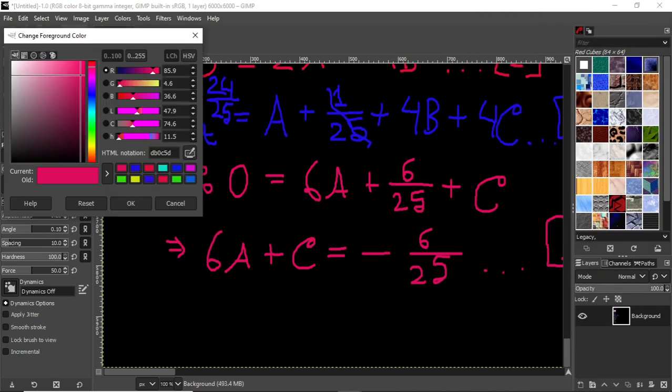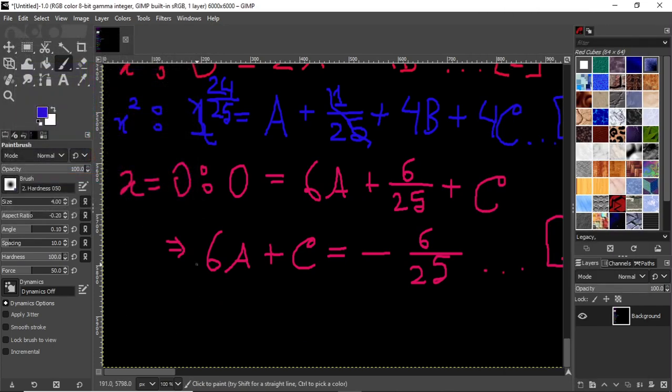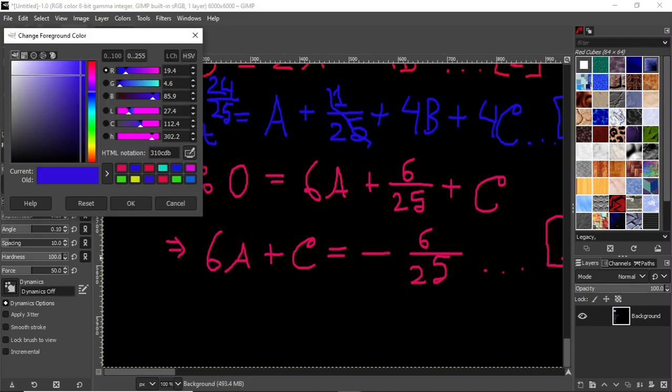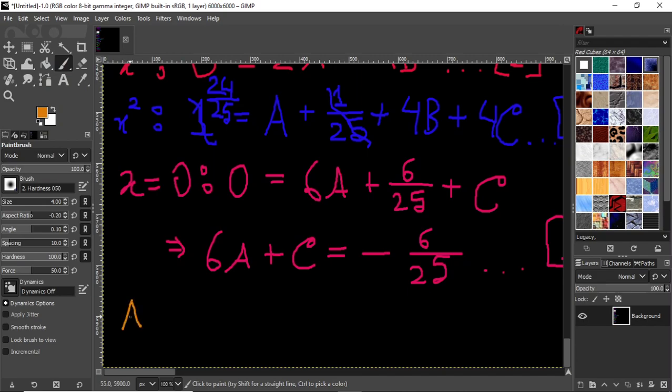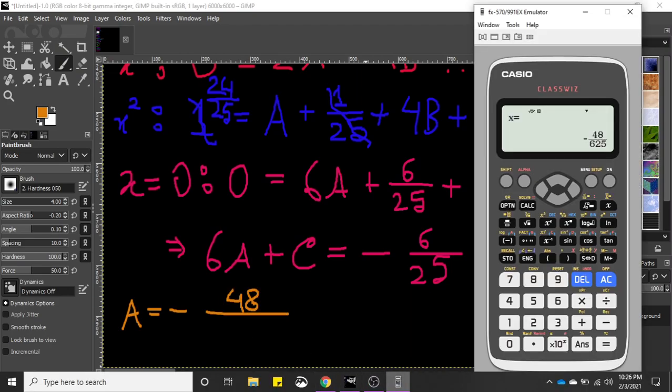I kind of already knew that these answers wouldn't be pretty, but in real life, it's not like you're going to get all unknowns being integers or something like that. So anyways, a equals negative 48 by 625.